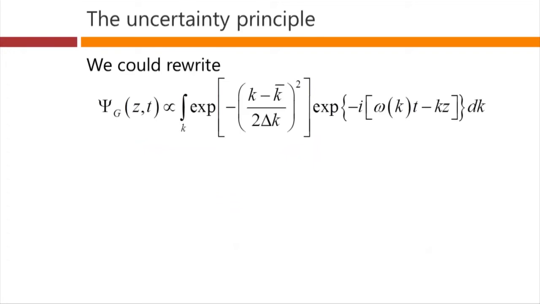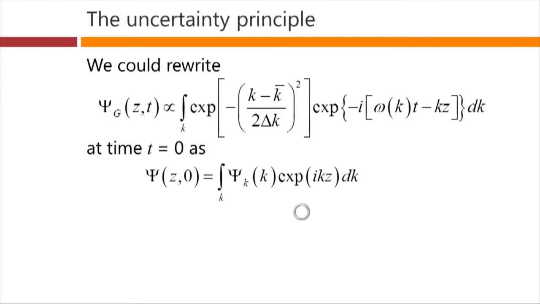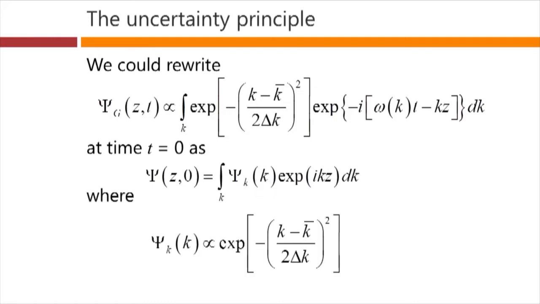Now we could rewrite this Gaussian wave packet at specifically the time t equals 0 as this simpler expression. If we put t equals 0 in here, then the expression simplifies down, where this psi with a subscript k of k is just this expression here. It's just our Gaussian amplitudes for each of these different waves, in this case at time t equals 0.